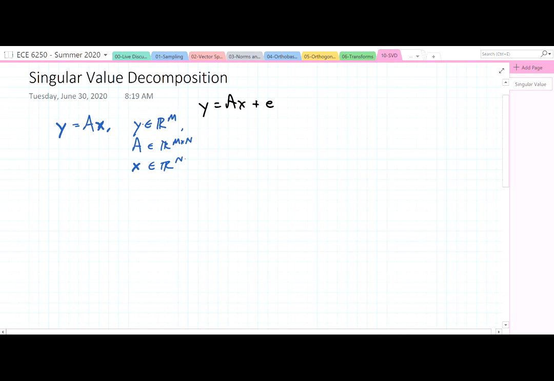So in this case, A doesn't have an inverse if m does not equal n, because it's not square, and so we can't get it back. So we're going to use something else. We can use the singular value decomposition, and in future we'll almost always just call it SVD.